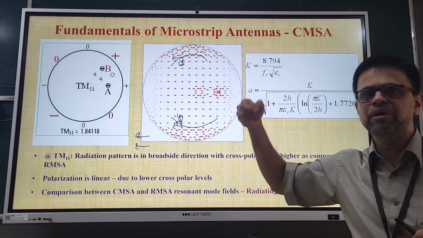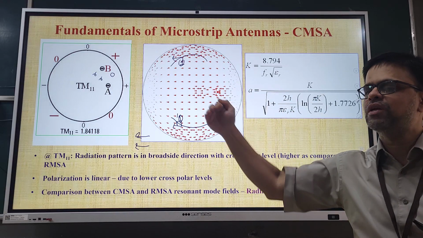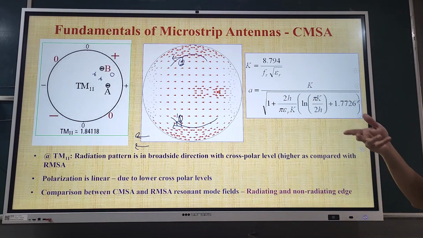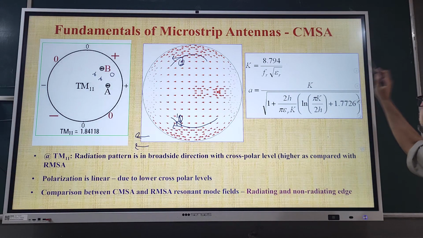That is one of the beauties of CMSA: no harmonic progression between the resonant modes is present. This equation we have already done, and I have explained the procedure to use this equation for designing a circular patch for the given fundamental mode frequency.